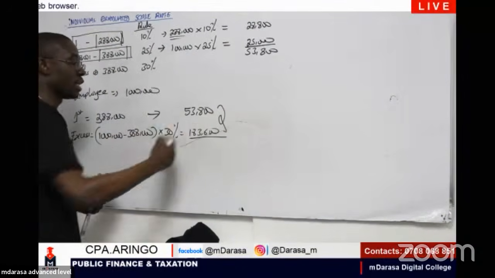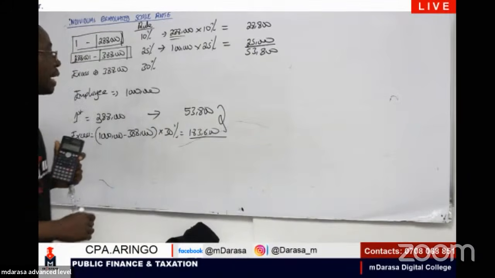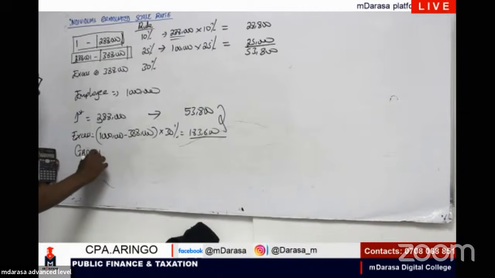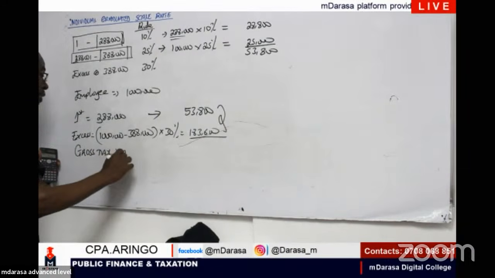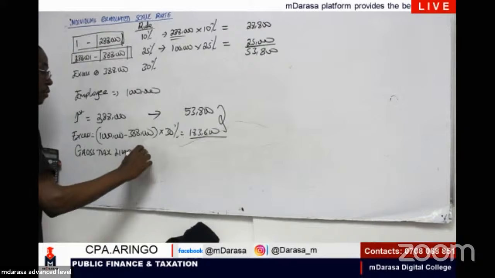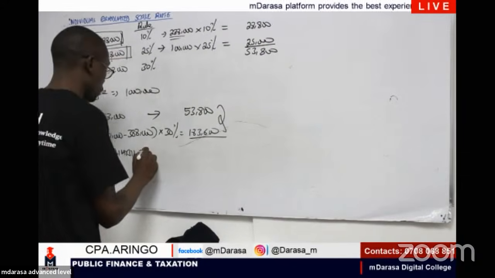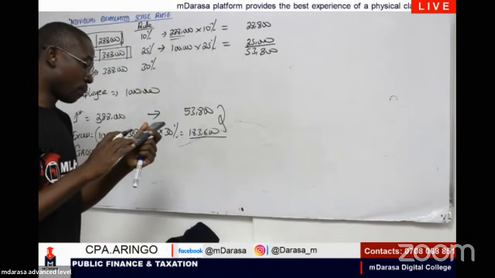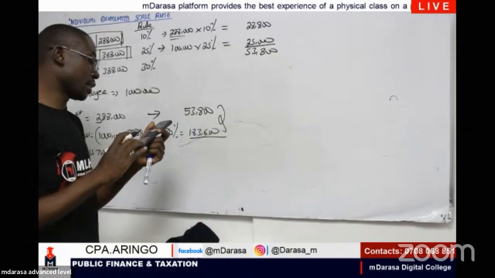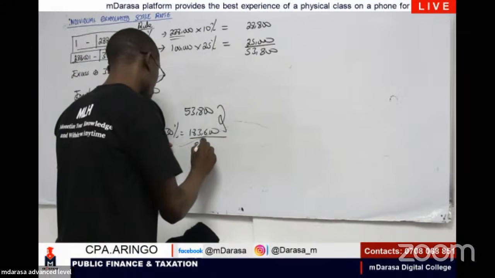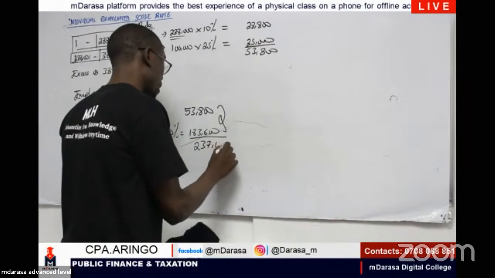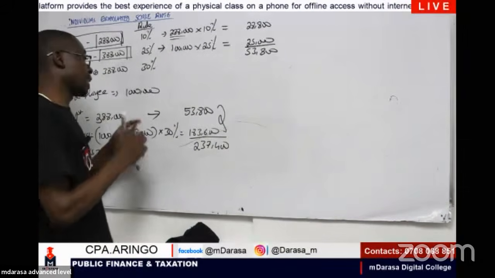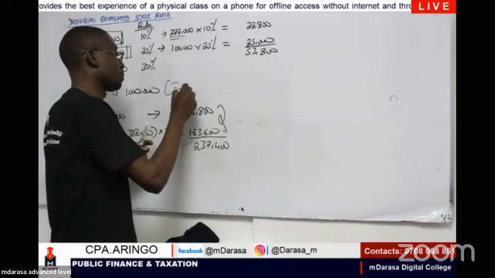So at the end of the day, for the person earning 1 million, what will we be having as the gross tax liability? 183,600 plus 53,800 to give us 237,400. This is the gross tax liability after considering our taxable income of that much.